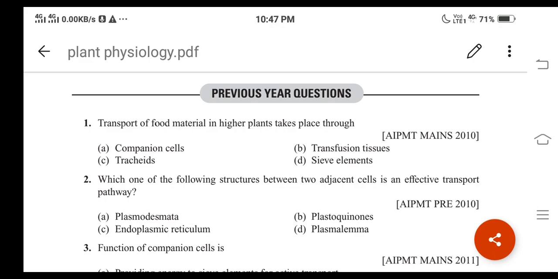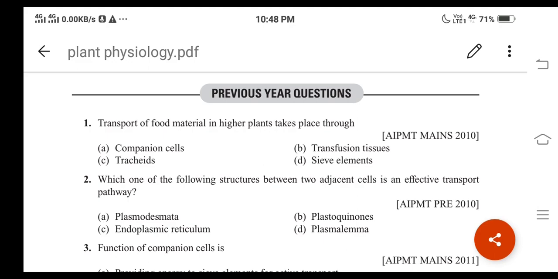Transfusion tissue is a kind of tissue found in gymnosperms, for example Pinus. In Pinus needles, transfusion tissue will be present. The more relevant and correct answer is sieve elements only, so option D is the correct answer.